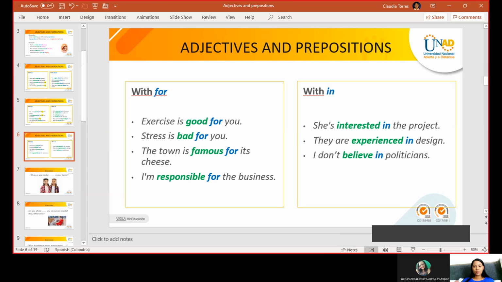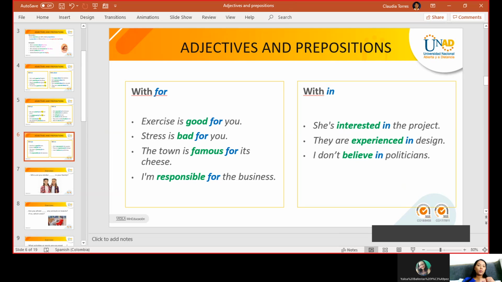So that's the main difference, right? When you use for, you usually are talking about a cause and effect, okay? So for example, stress is bad for me. It's the effect of stress on me, right?